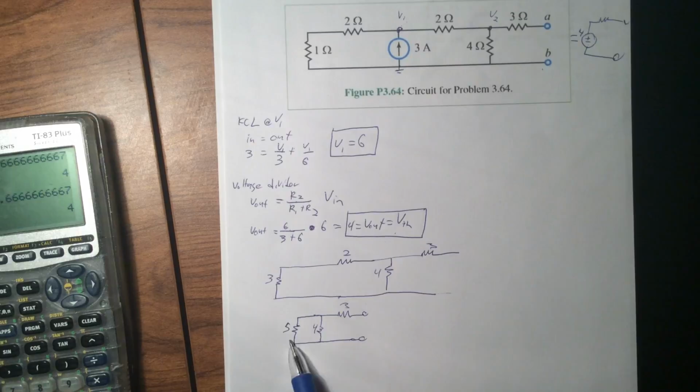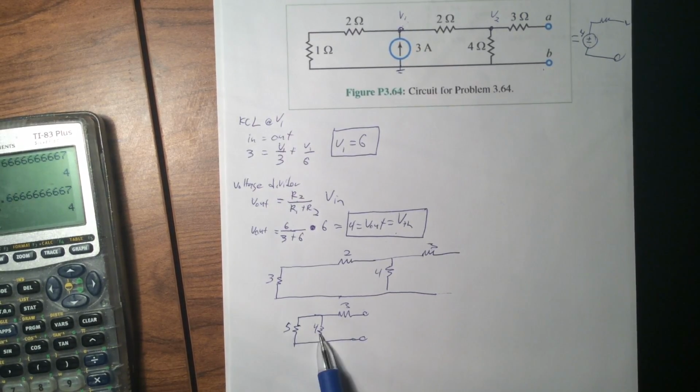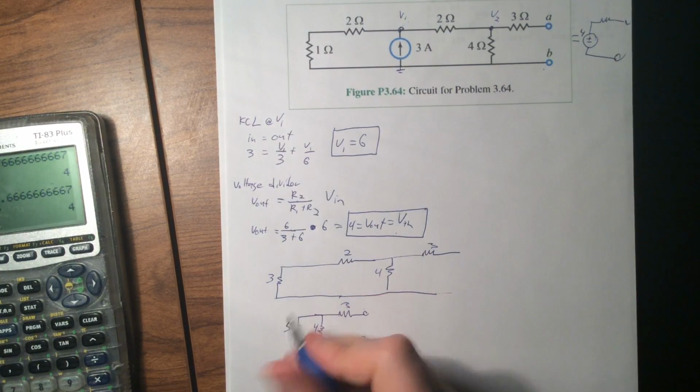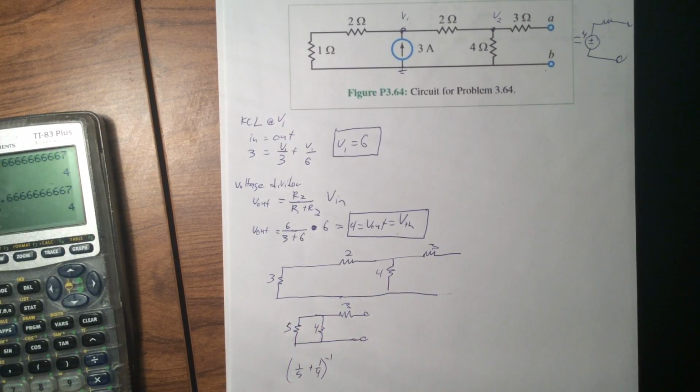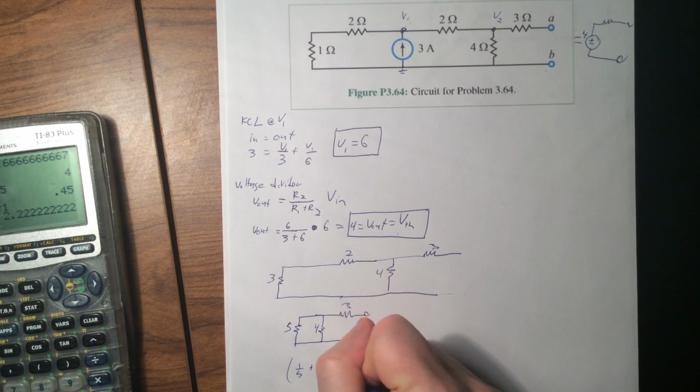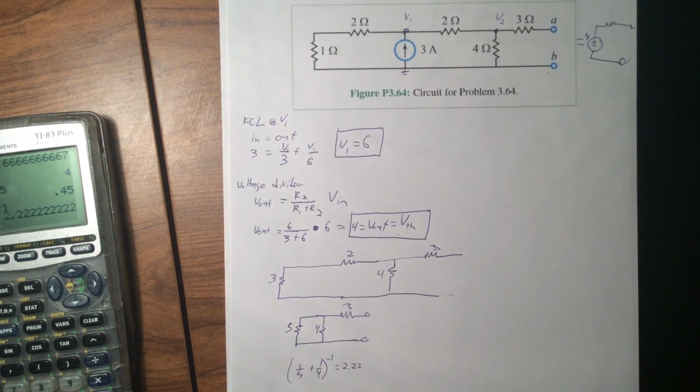So for this one, again, what do we have for our resistances? We've got 1 over 5 plus 1 over 4, to the minus 1. So that's 0.2 plus 0.25, to the minus 1, which is 2.22.